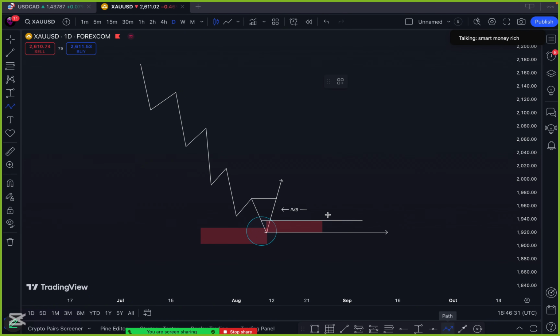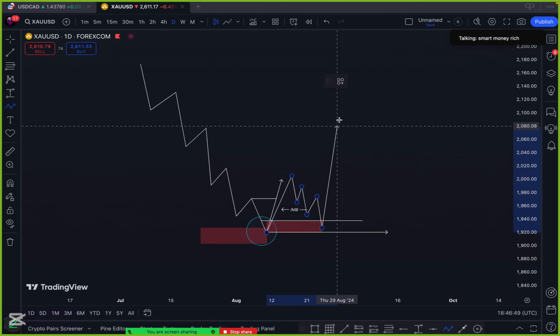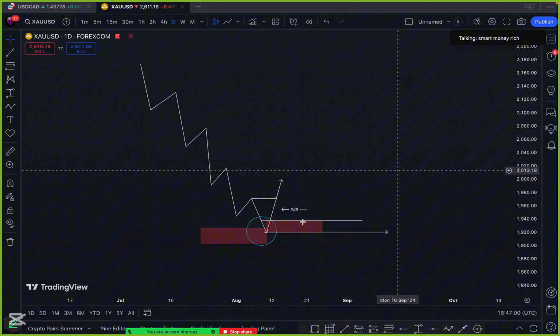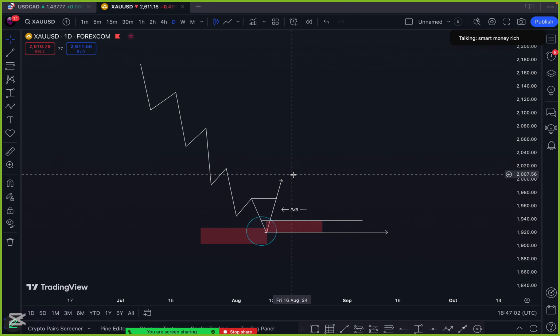Remember, when price impulses to the upside and breaks a structure high, buyers will start to leave the market. And the market will become weaker and it starts to do what? Retrace. When it starts to retrace, it will retrace into a discount price level where it will attract more buyers. So the price will always return back to the origin where the impulse started from.